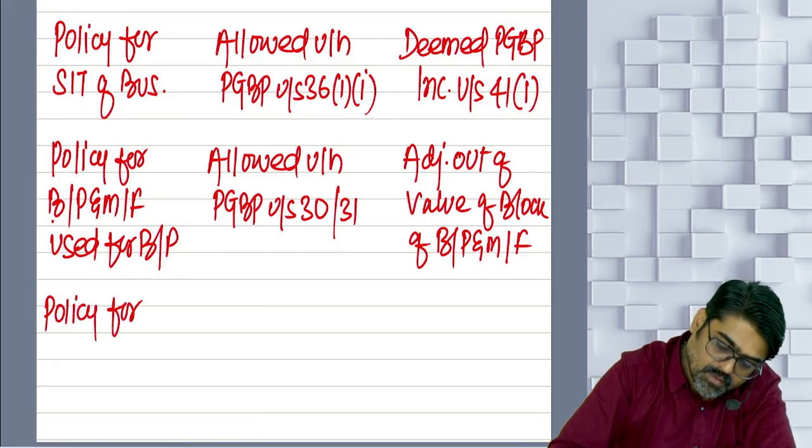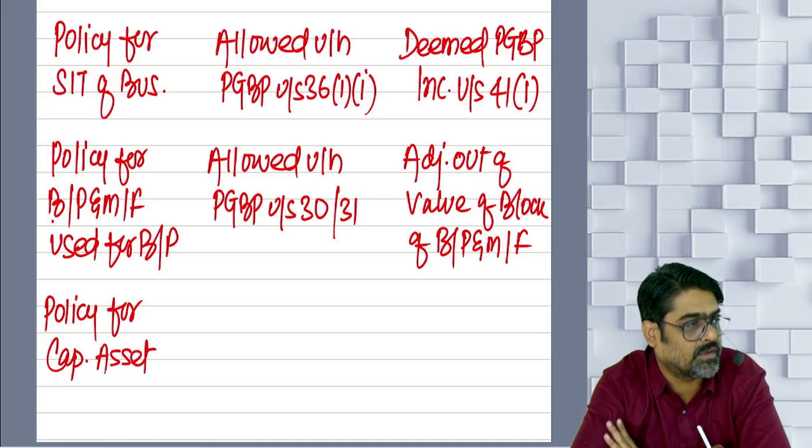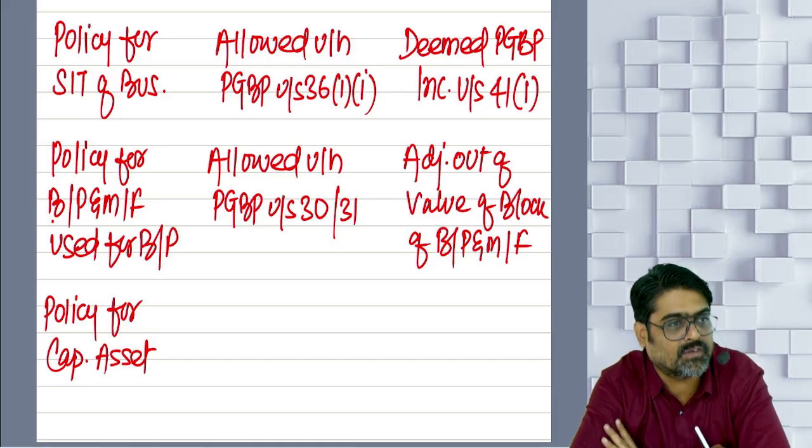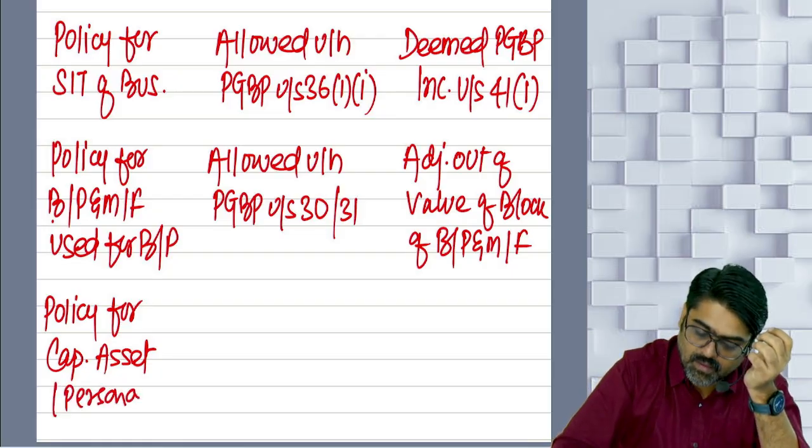Next one. Now the policy for capital asset. Capital asset, your personal assets. Yes or no? These are not the assets used for the purpose of business or profession. So capital asset means your personal assets.